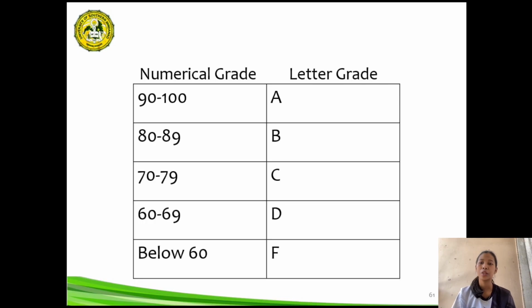In this approach, the percentage of the numerical grade shows the percentage of items a student answered correctly. This is most common for quizzes and exams. It is easy to compute and compare, but it only measures how many items were correct, not how well the students master the learning competencies.